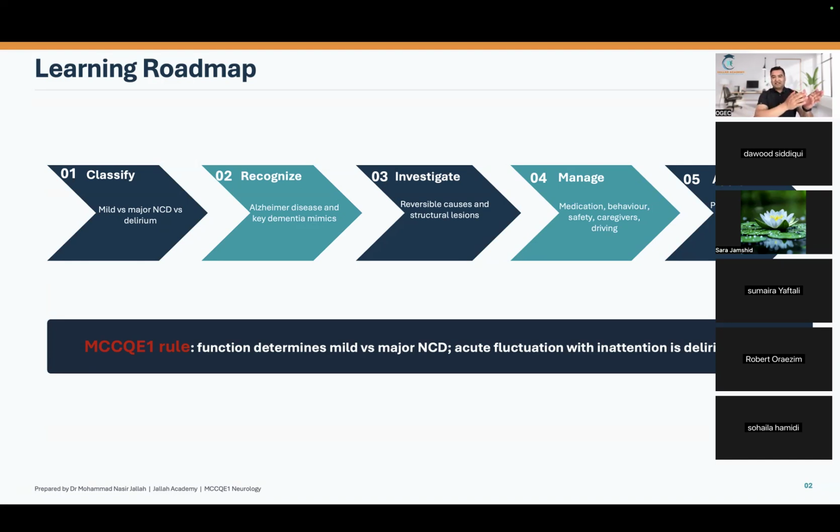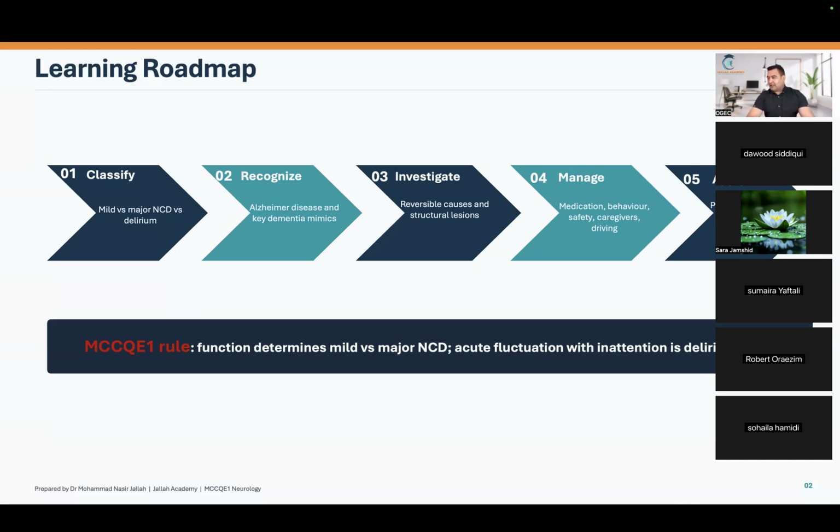So we should be able to classify whether it is mild, major, acute, whether it is Alzheimer, it is genetic dementia, or it is another condition that is mimicking dementia. Then we should be able to order investigation accordingly and also manage accordingly based on what we're dealing with, whether it is normal to the age, major neurocognitive disorder, acute, Alzheimer, the genetic one, and also how to go about the conditions that are mimicking neurocognitive disorder.